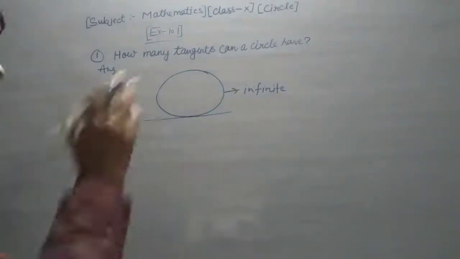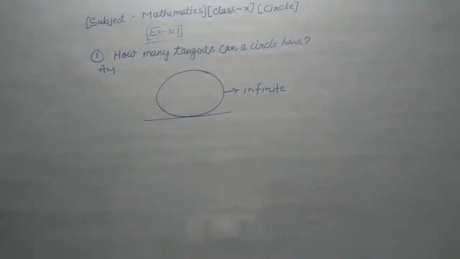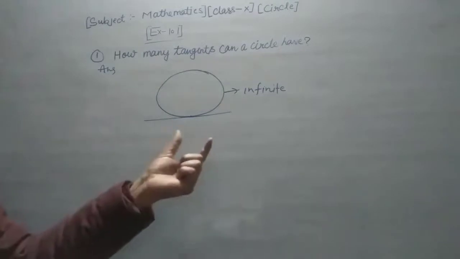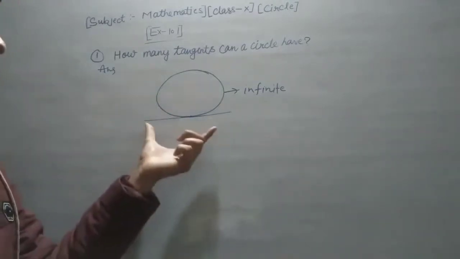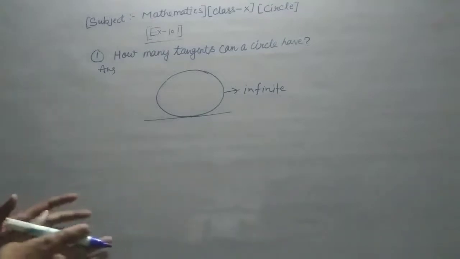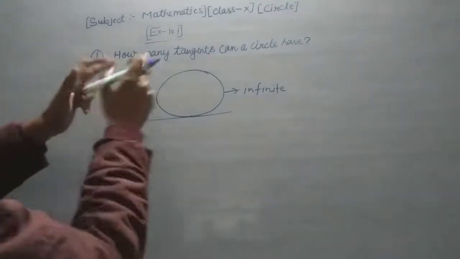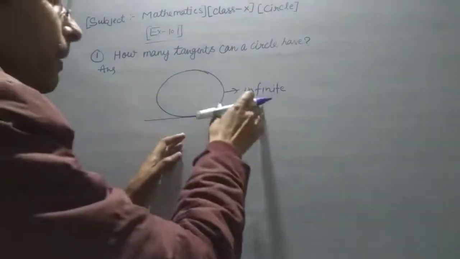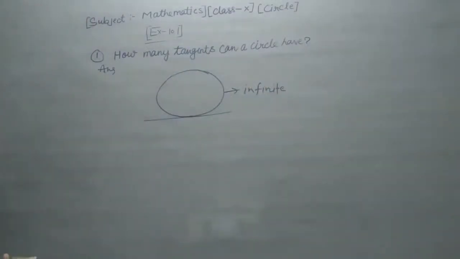So you very well know that on a circle there are infinite points, and at a single point you have to draw a single tangent. So how many tangents? You have to draw infinite tangents with the help of infinite points.